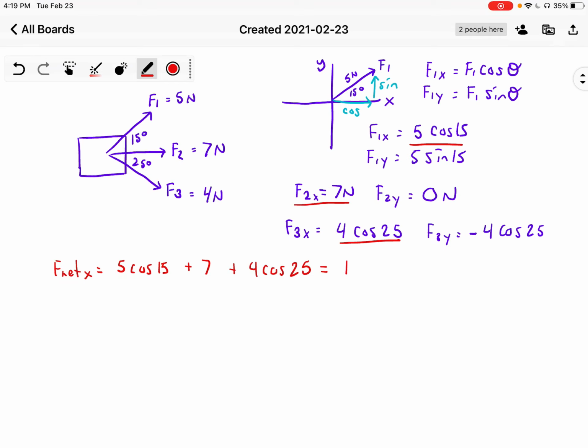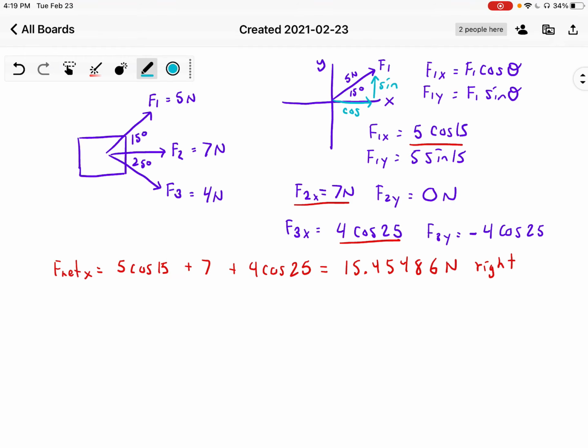And that gives me 15.45486 newtons. And we can see that it's positive. We can even see by looking at it that the whole thing is going to be dragged to the right. But I'm just going to make a note of that too next to it, so that way, when I go to find my net force, I'm keeping track of the directions.